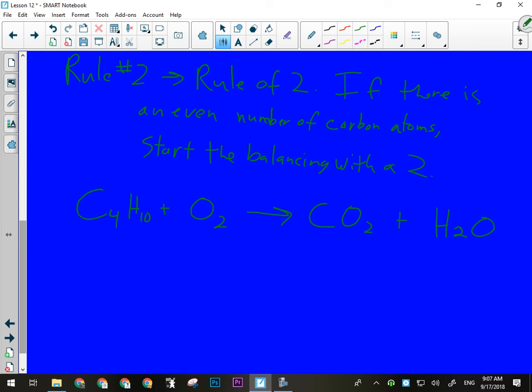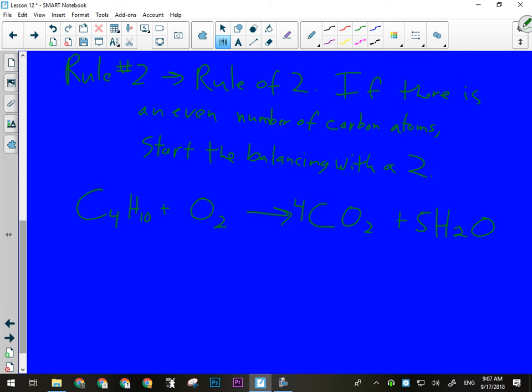There's 4 carbons, so I'm going to put a 4 here, and there's 10 hydrogens, so I'm going to put a 5 here, because 5 times 2 is 10, and then I'm going to have 5 oxygens here, plus another 8, which gives me 13. What times 2 is 13? 6.5. Can I have 6.5 molecules? No. That's where the problem is.